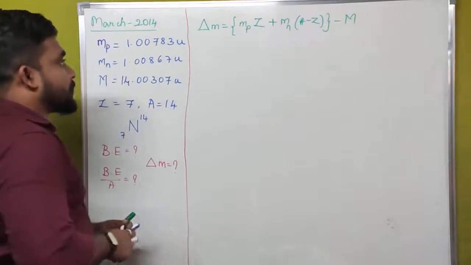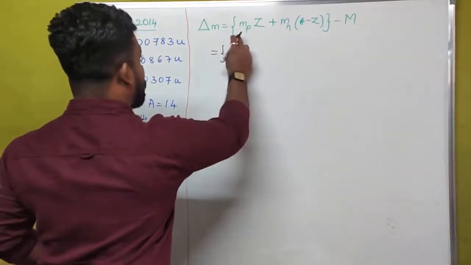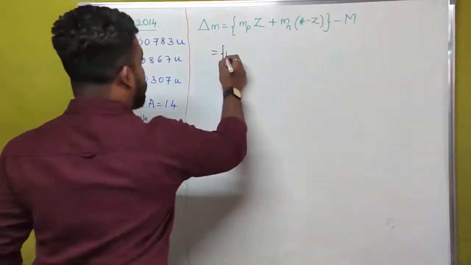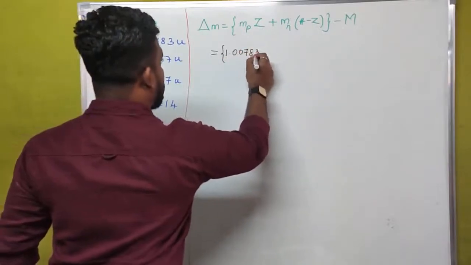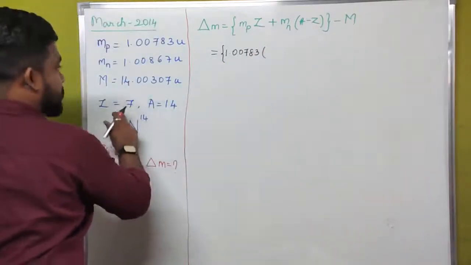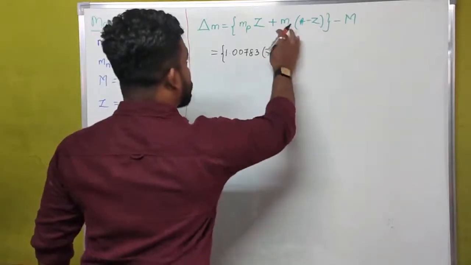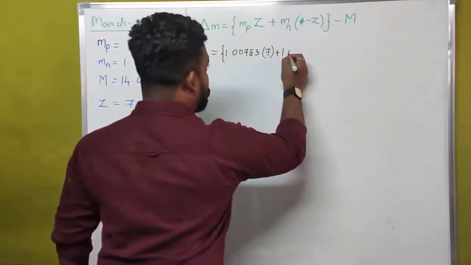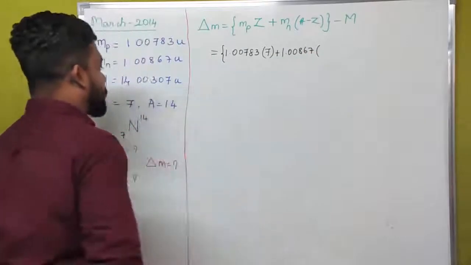Now let us see how we are going to substitute the values. Delta M is equal to, what is Mp? That is the mass of the proton, 1.00783, into Z. What is Z here? 7. Plus Mn. Mn is how much? 1.00867 into (A minus Z).